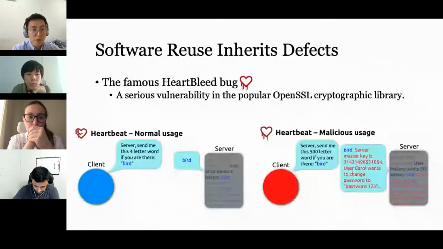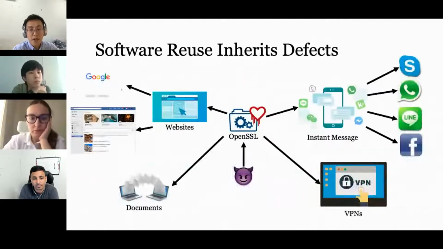However, despite the great convenience of software reuse, vulnerability propagation is one of the most concerning issues. One famous example is the Heartbleed bug in the OpenSSL library. Due to the wide usage of OpenSSL, the bug may threaten all SSL-based communication applications.